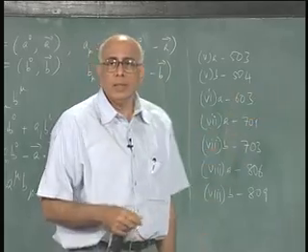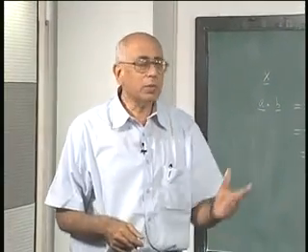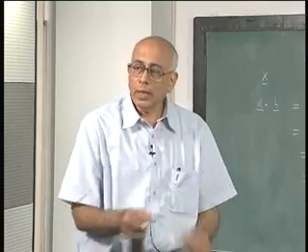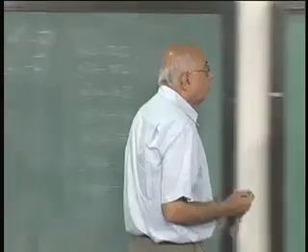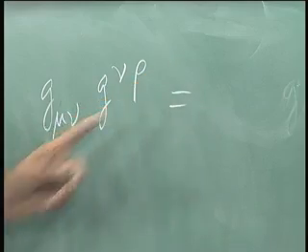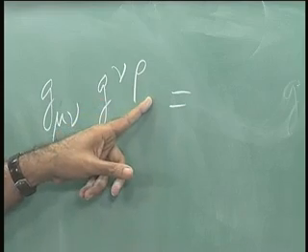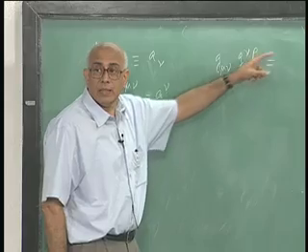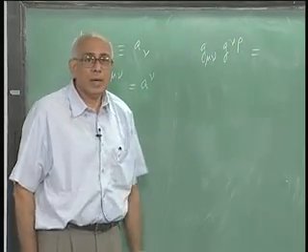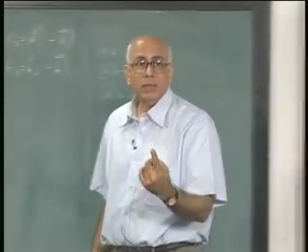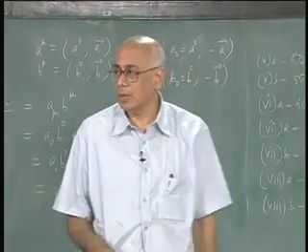Now what would this be? It is obviously a set of 16 quantities because mu goes 0 1 2 3, rho goes 0 1 2 3 and nu is summed over in between. But you can easily see that whatever be the values of mu and rho, this guy is 0 unless mu equal to nu, and this fellow is 0 unless nu equal to rho. So this implies that the entire symbol is 0 unless mu equal to rho, and when mu equal to rho the answer is 1, because whether it is -1 times -1 or +1 times +1 you are going to get 1 in either case.